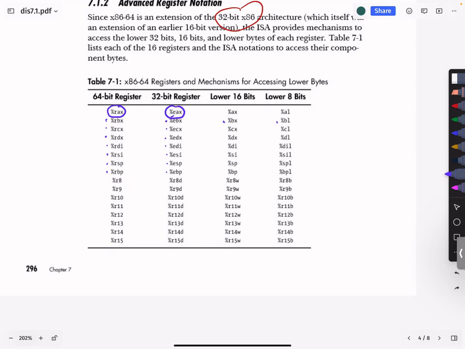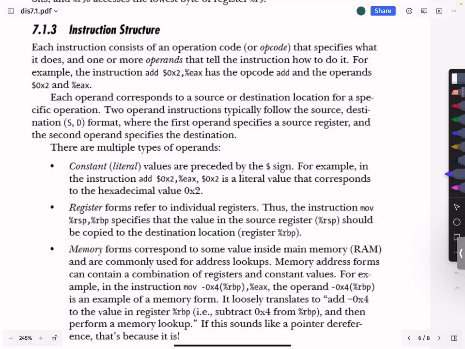So here we see that each instruction consists of an opcode, which I think is basically like that 55 that we saw was the opcode for the push line of assembly. But then it has one or more operands. I guess that makes sense. So here, if we look at add, then add is the operation.